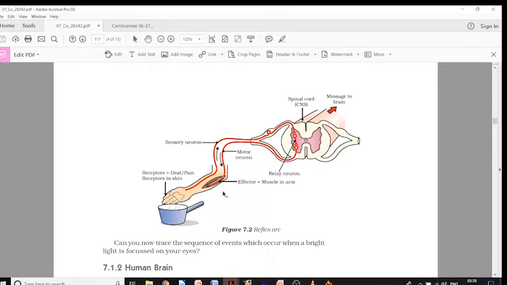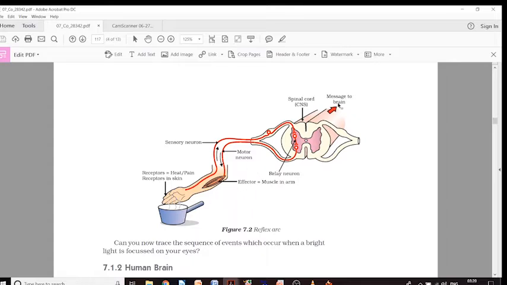One more thing: whenever the sensory neuron sends the signal to the spinal cord, at the same time it also sends the signal to the brain. The brain actually has no function during a reflex action.